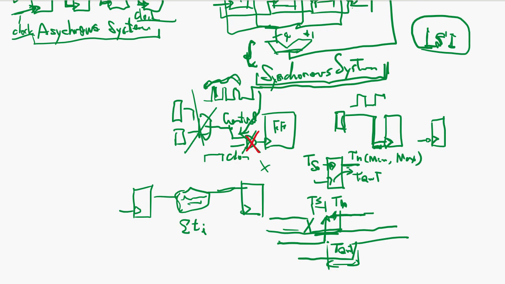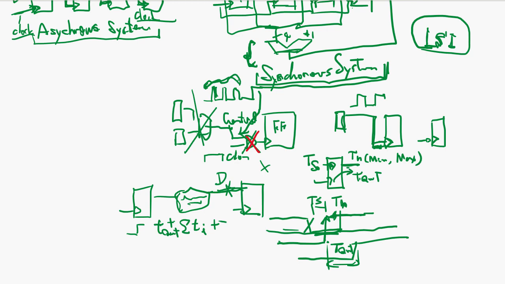And critical path is from this clock edge TQ out. It takes this much time to get the signal out, right? And here the clock comes in, and before the clock comes in, this data input to the flip-flop has to settle.